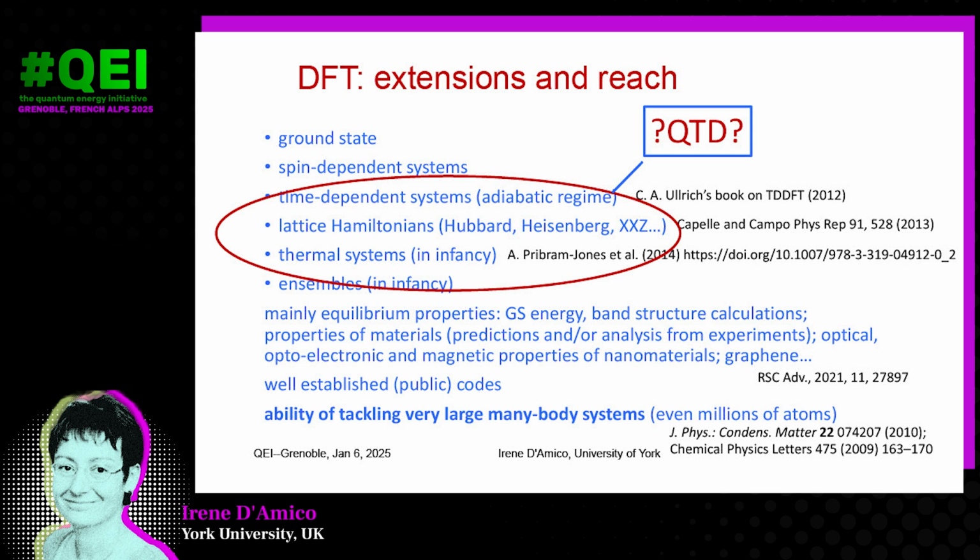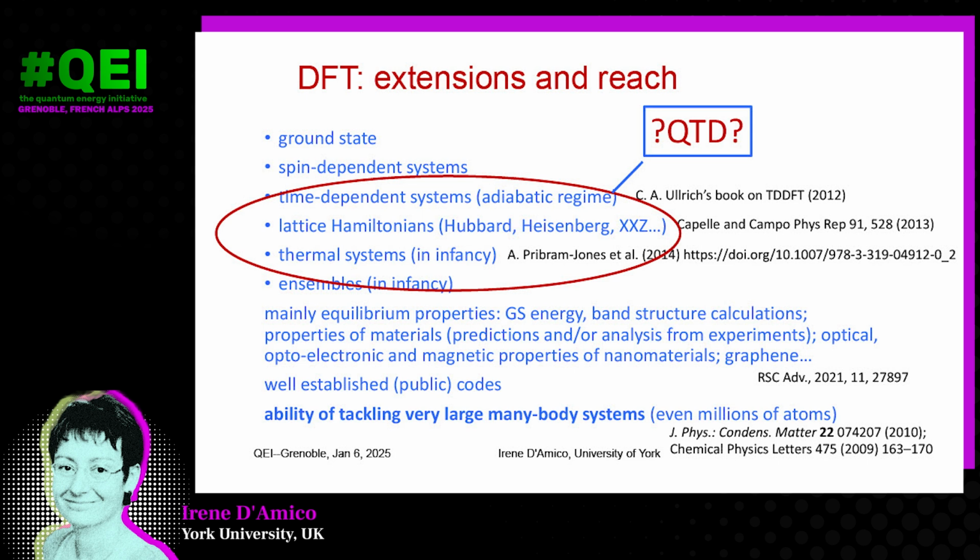And the nice thing, again, is that with density functional theory, at least with the part of density functional theory that is well established, there is a possibility of calculating properties of really big systems. I cite here these two papers which have actually calculated properties for systems with millions of atoms. So, you know, people have done this.